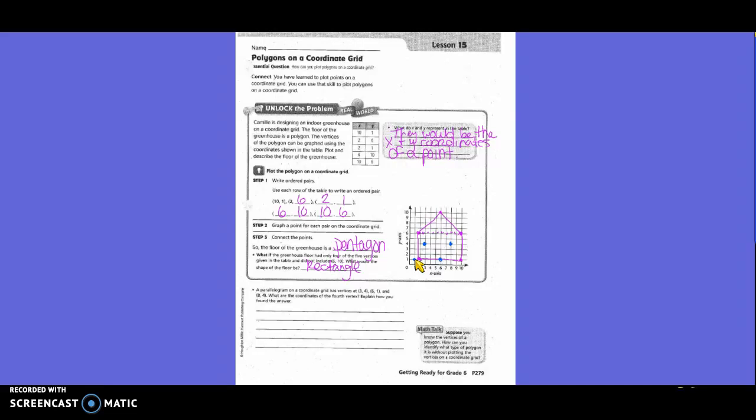What if I did 5, 7? Could I do that? Yep, because I did the same thing, right? What if I did 11, 1? They don't show 11 on there, but we could just go one more over, right? So if I did 11, 1, would that get me that as well?